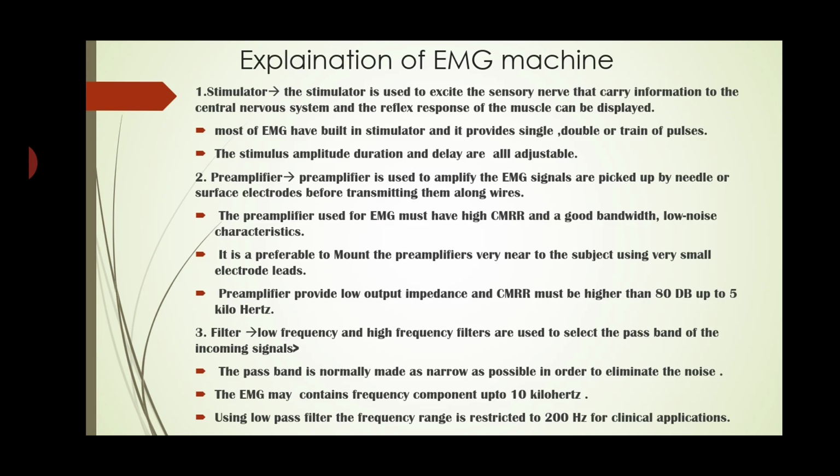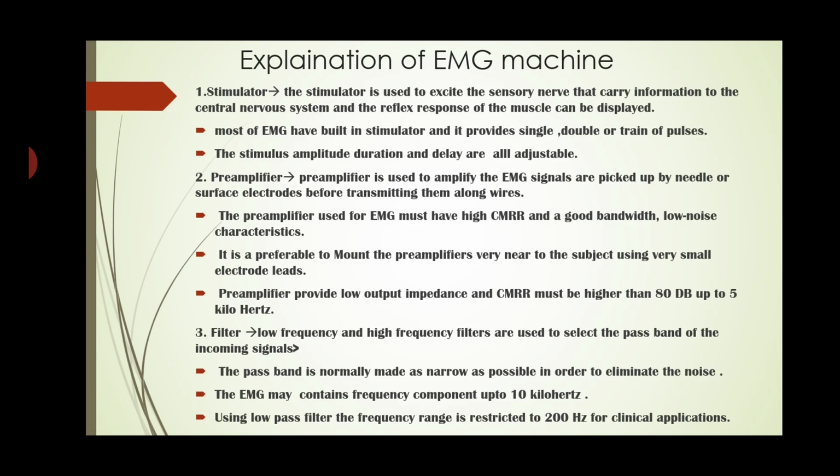It is preferable to mount the preamplifier very near to the subject using very short electrode leads. Preamplifiers provide low output impedance and CMRR must be higher than 80 dB up to 5 kilohertz.